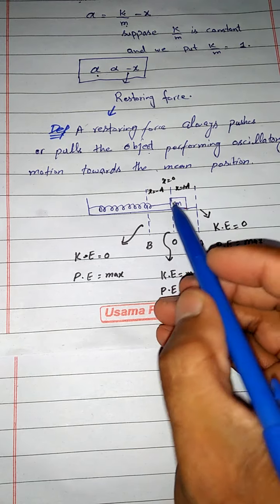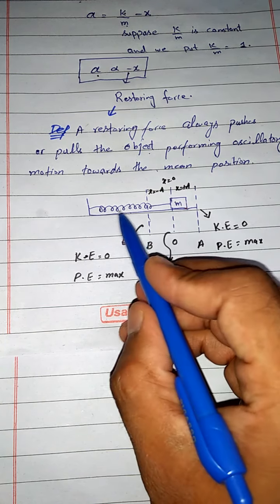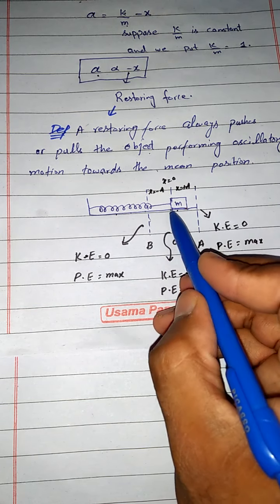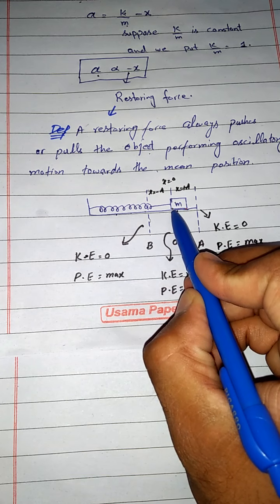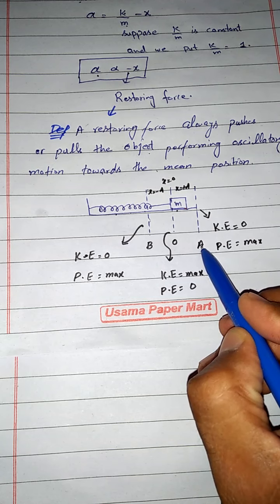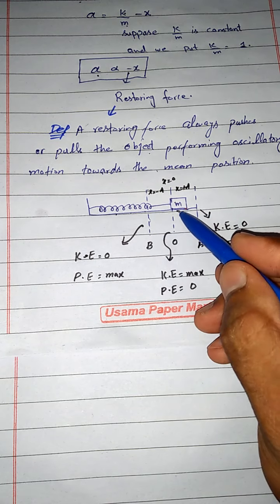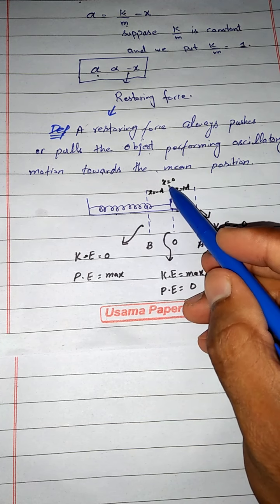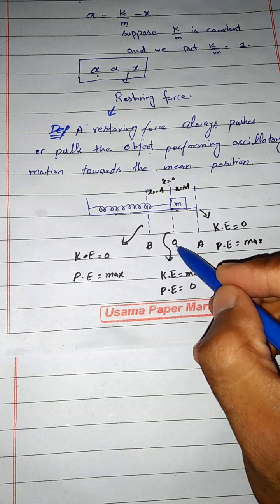Now we can see in the figure that when a spring is stretched, it goes to the initial position A. Here in the figure the object is not stretched, it is at the rest position at x equal to 0. You can say that is the mean position.